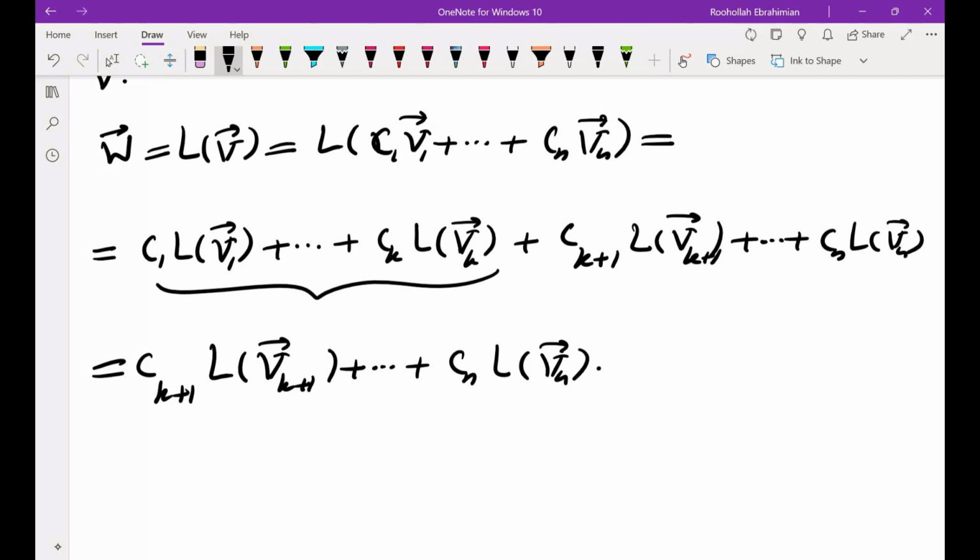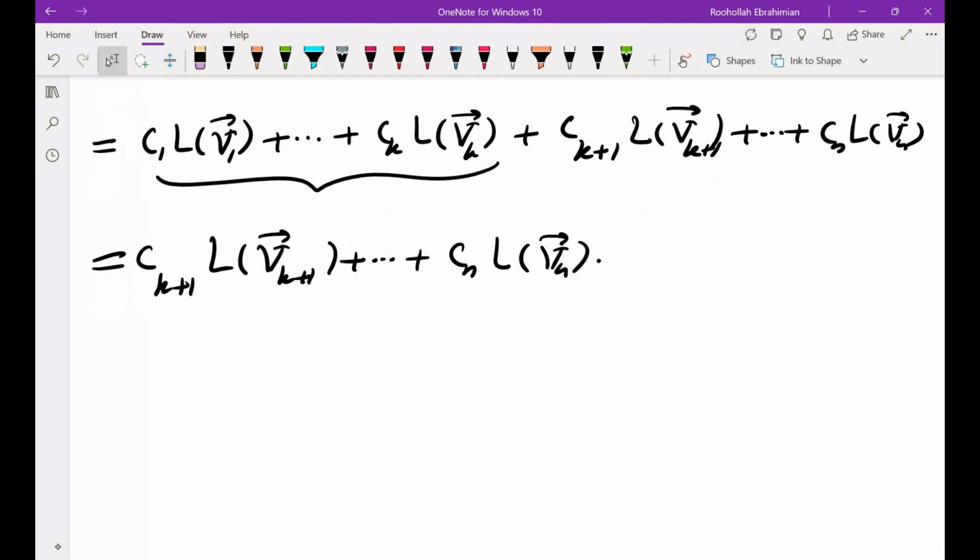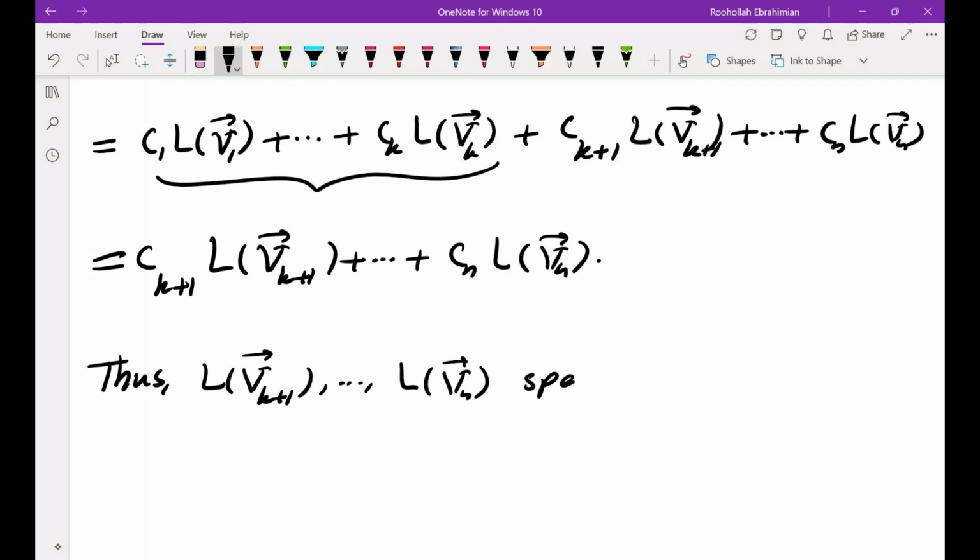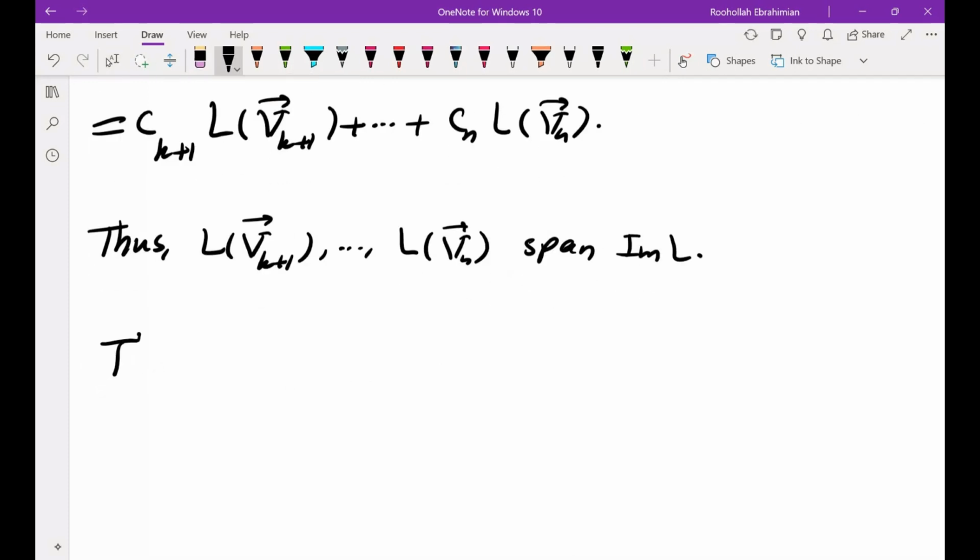So we just showed that w is a linear combination of L of v_{k+1} through L of v_n. Thus, L of v_{k+1} through L of v_n span the image of L. Therefore, they have to be a basis.